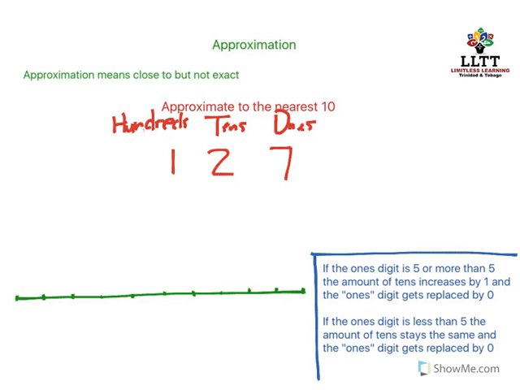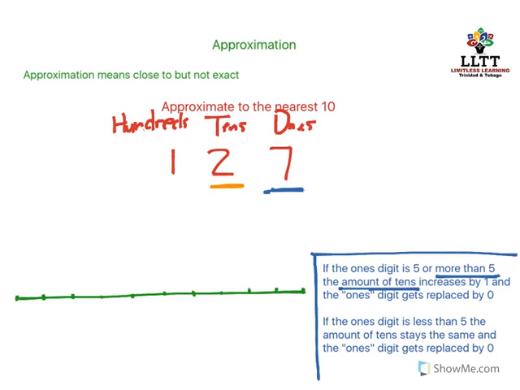Okay, so we want to approximate to the nearest 10. Again, we're just going to follow the rules. We're looking at the ones digit. The ones digit is 7. 7 is more than 5. So if we have something that is more than 5, the amount of tens, which is 2 here, increases by 1.